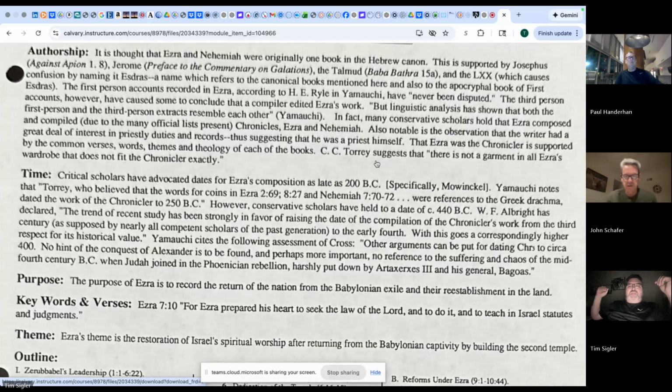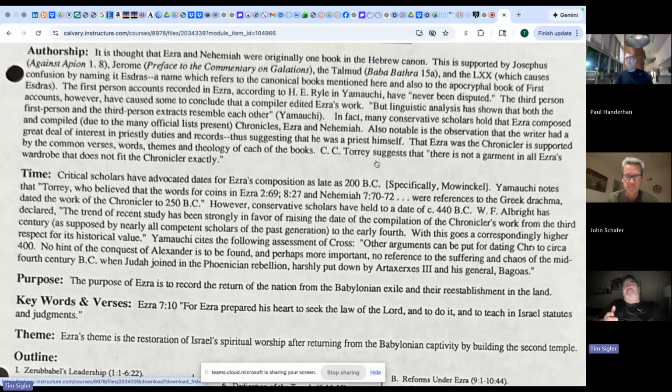So you would have some really key events in the geographical region related to these historical accounts, but you have none of those. And so, since they're not even mentioned, then you got to wonder, maybe this history was written before those events happened.